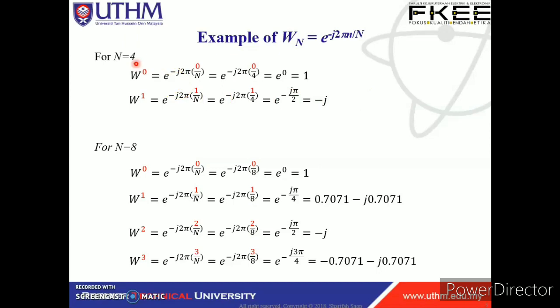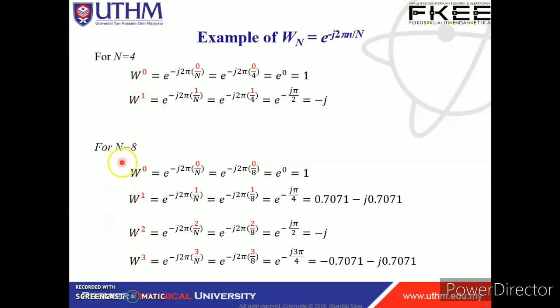So how can the fast Fourier transform be calculated faster? Because the weight is only calculated for number of sample divided by 2. For example, if we have number of sample equals 4, the weights that we need to calculate in the fast Fourier transform are W0 and W1. And if we have number of sample equals 8, how many weights do we need to calculate?